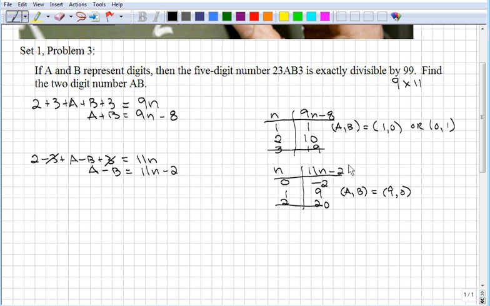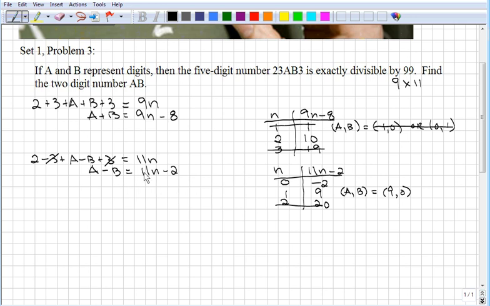Because the difference of these digits is either 1 or negative 1, and that wouldn't satisfy either one. It has to be divisible by 9, and it has to be divisible by 11. So these are not possibilities anymore.